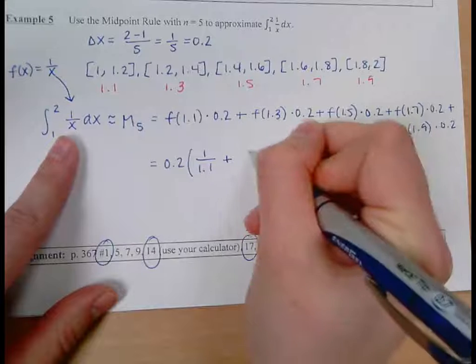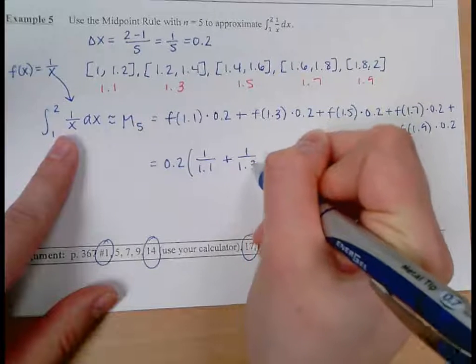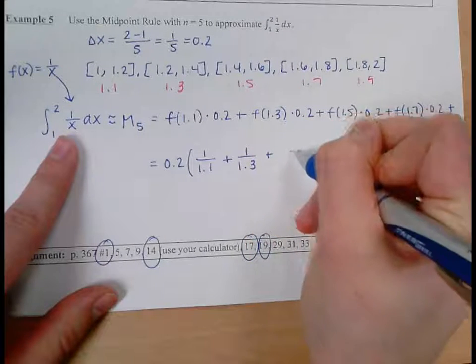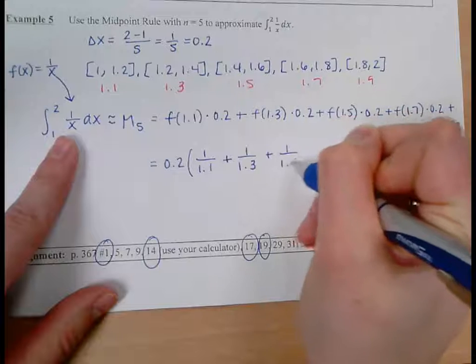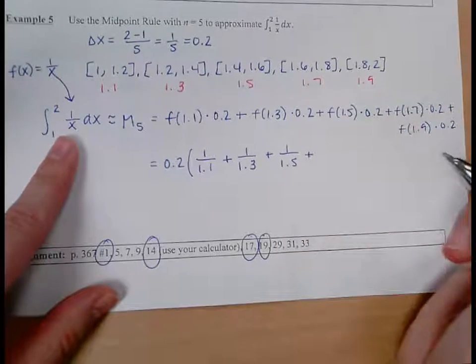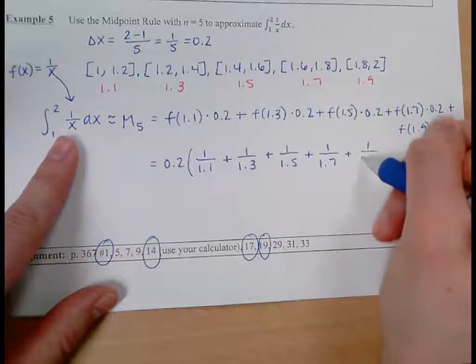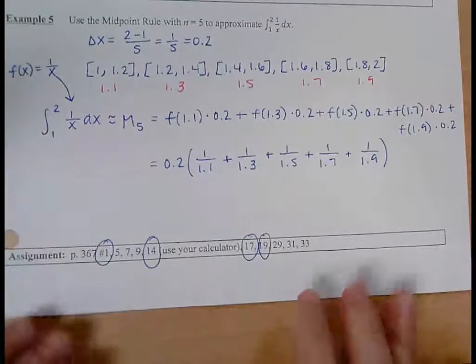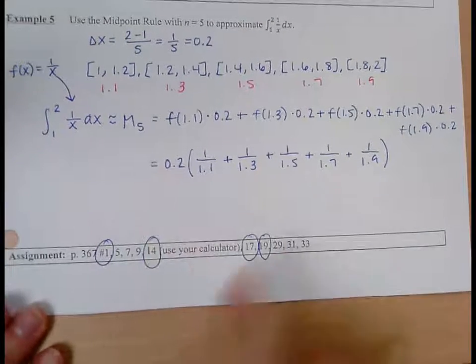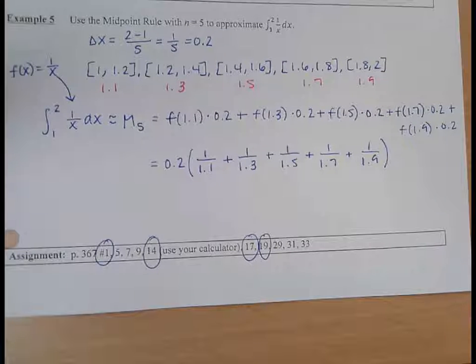Plus f of 1.3 would be 1 over 1.3. Plus f of 1.5 is 1 over 1.5. Plus 1 over 1.7 plus 1 over 1.9. So this is what you'd be calculating to approximate that integral using the midpoint rule, or using 5 rectangles with midpoints.